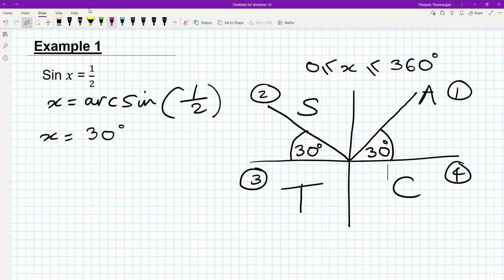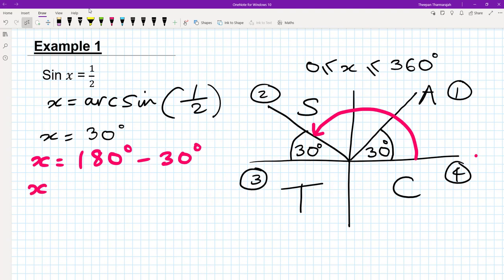So all angles are measured in an anti-clockwise direction if they're positive. So we start here and we go in an anti-clockwise sense to here. And this pink angle would be 180 degrees minus 30 degrees.